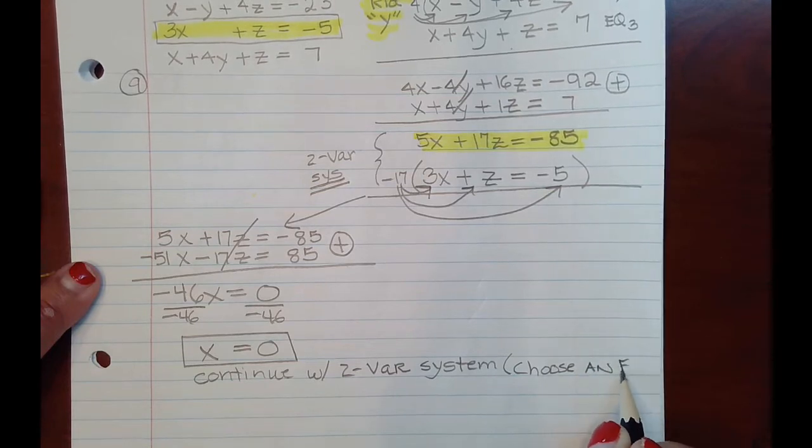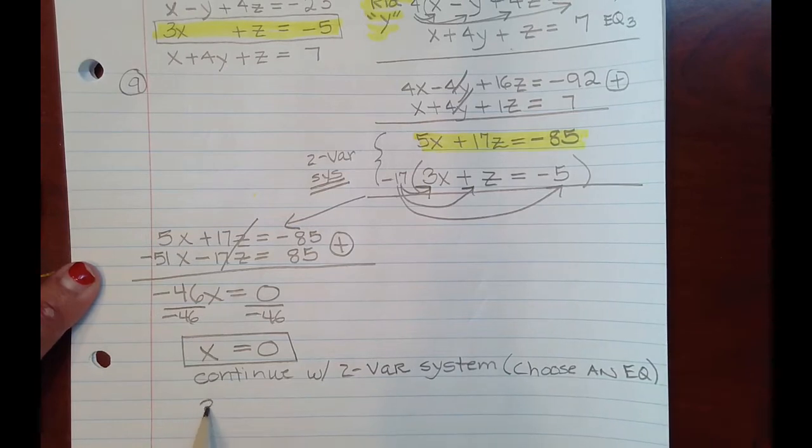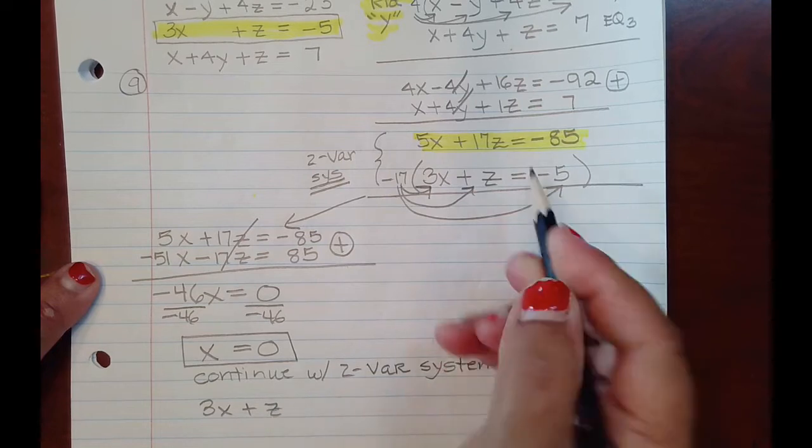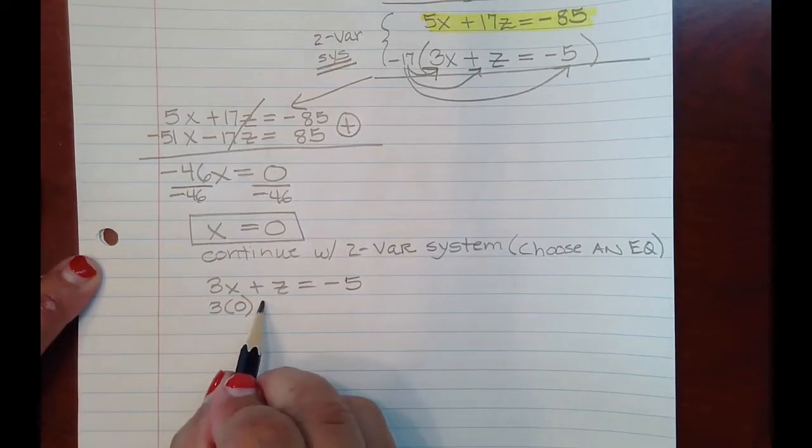Choose an equation to use from your two variable system. Okay, so I'm going to use 3x plus z. Before I altered it with the negative 17, it was 3x plus z equal to negative 5. I'm going to stick with that. I'm going to put my 0 in for x and solve for z.